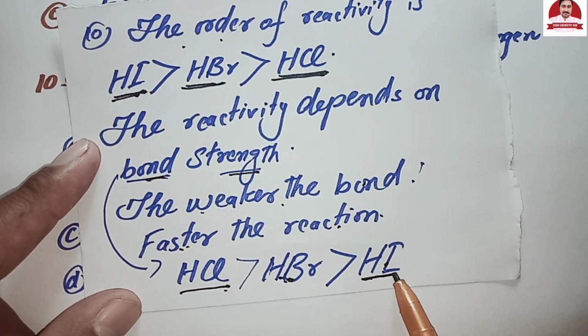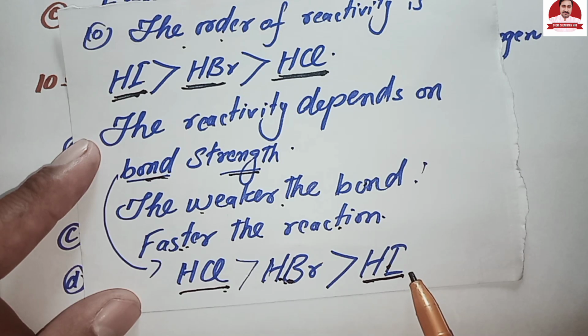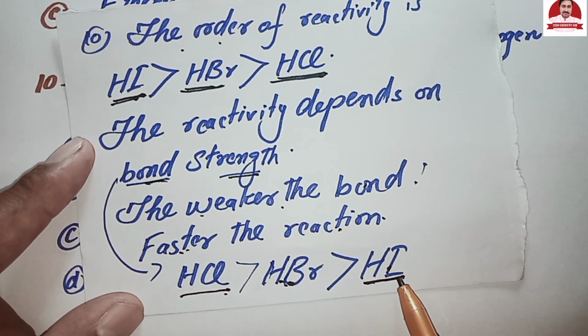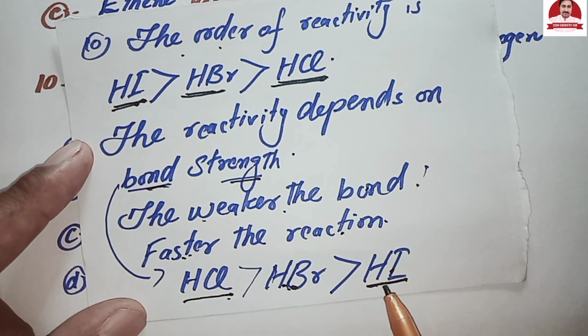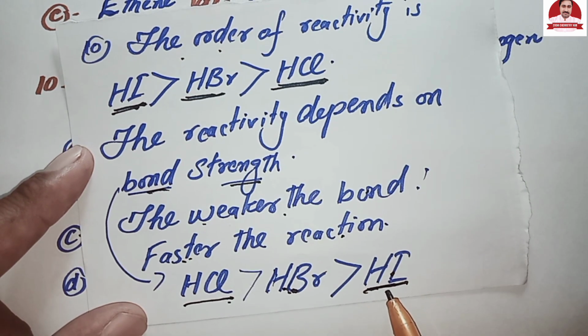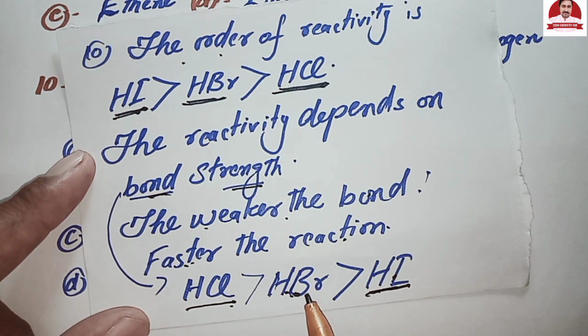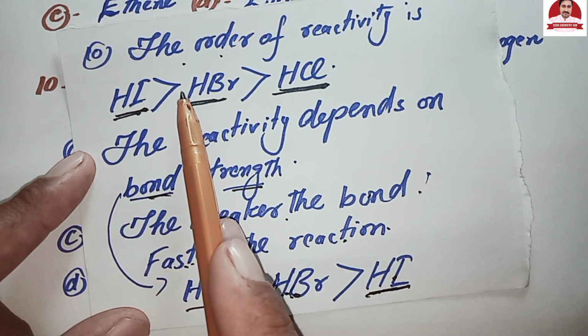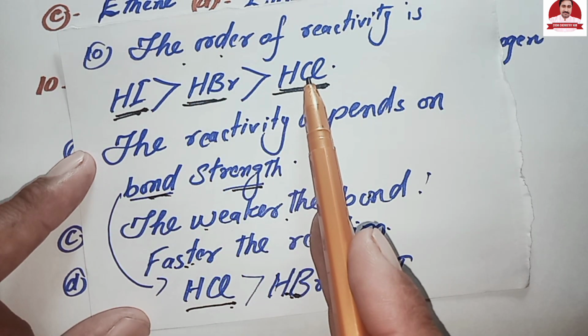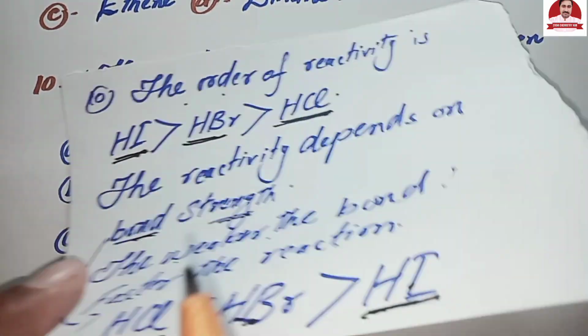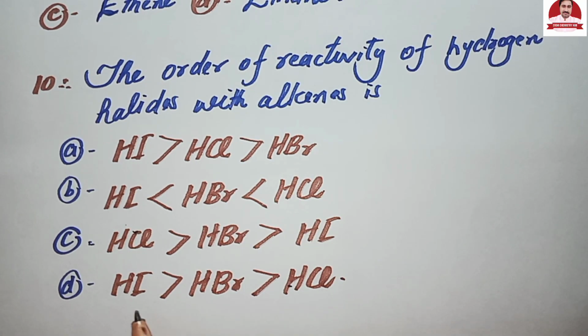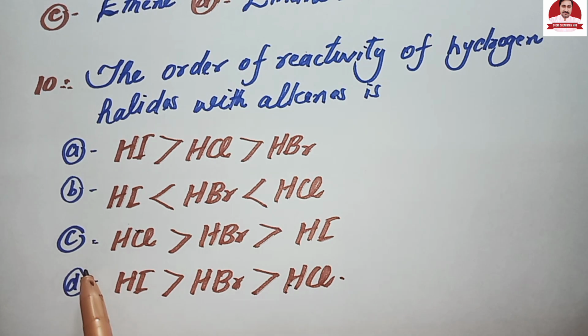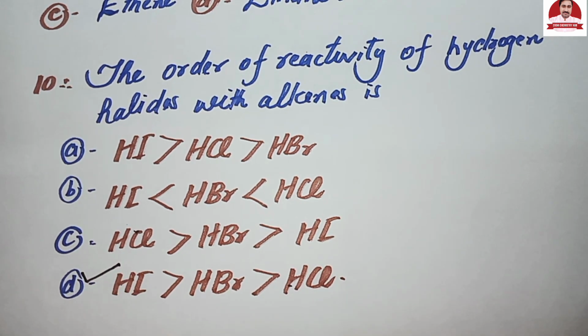So the weakest bond is present in hydrogen iodide. So due to the weak bond, hydrogen iodide is more reactive than hydrogen bromide, and hydrogen bromide is more reactive than hydrogen chloride. So here the option D is correct.